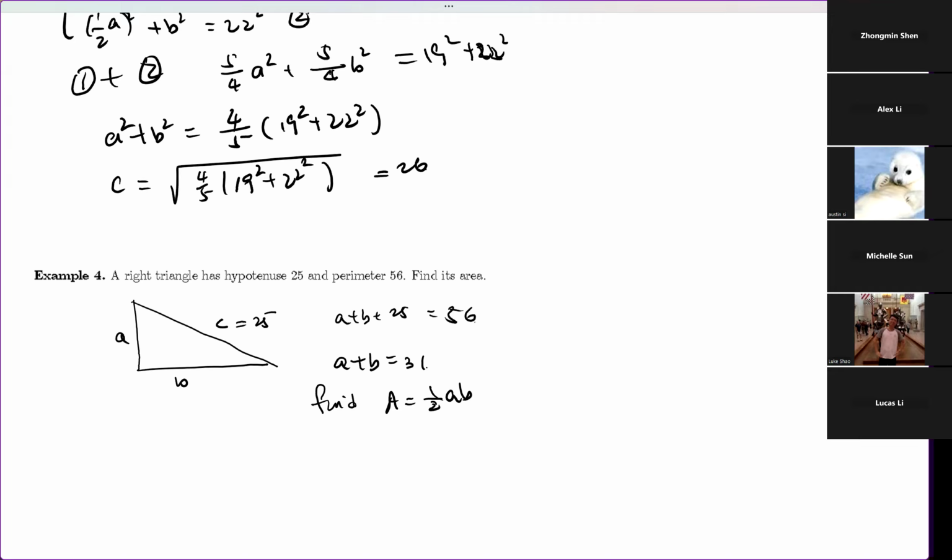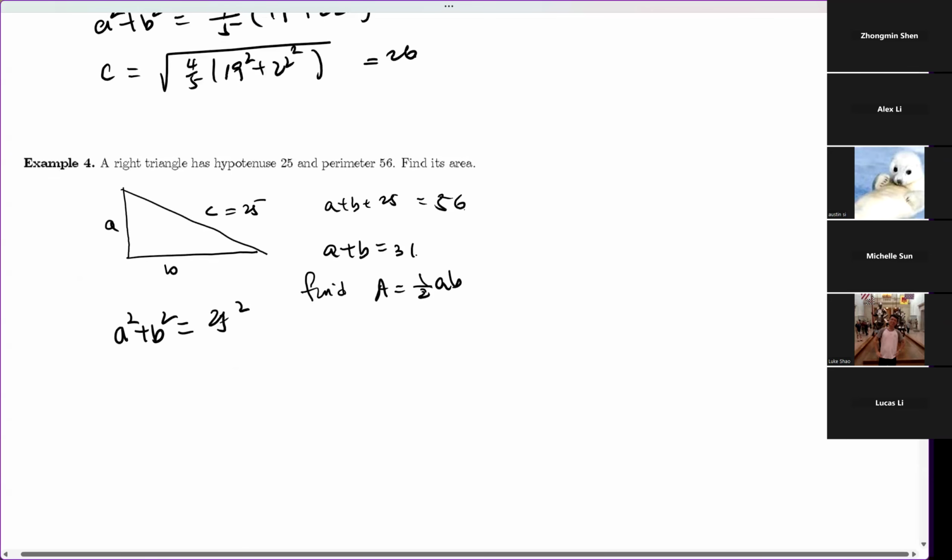We want to find A times B. We are given A plus B equals 31. So we have to use the hidden equation from the Pythagorean theorem. The equation says that A squared plus B squared equals C squared, and C is 25. We know A plus B, so you just square it.